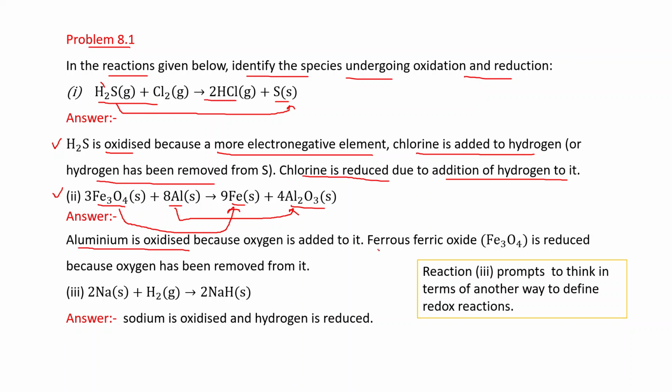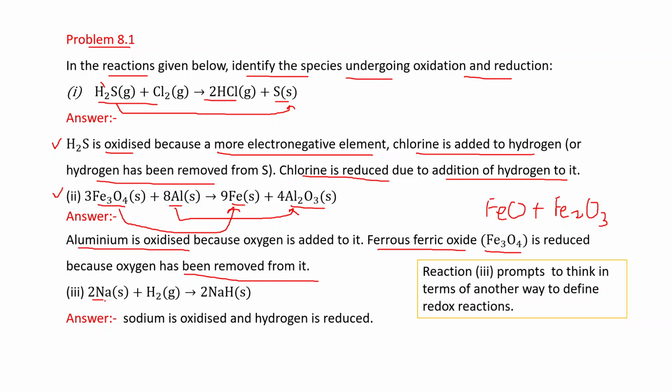Actually this Fe3O4 is a mixed oxide of ferrous oxide, FeO, and ferric oxide, Fe2O3. Both combine to give Fe3O4, and this is reduced because oxygen has been removed from it.